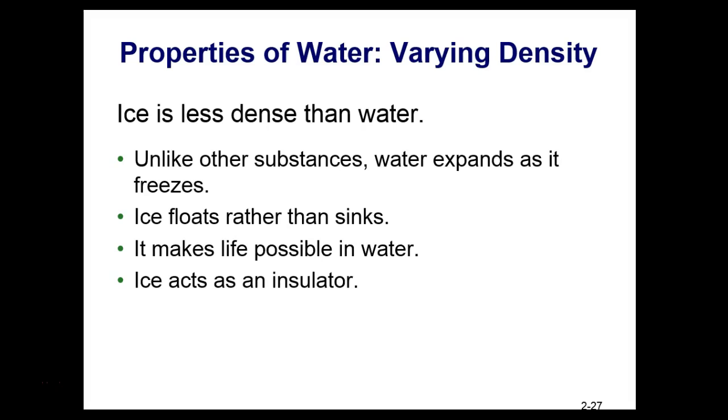So if you look at figure 2.12 in your textbook, they're differentiating between the ice lattice and the liquid water. And of course, ice has a lower density than the water, which is why ice floats in water rather than sinking.